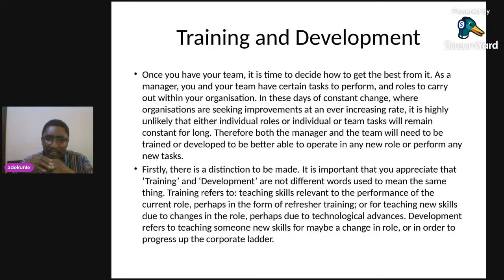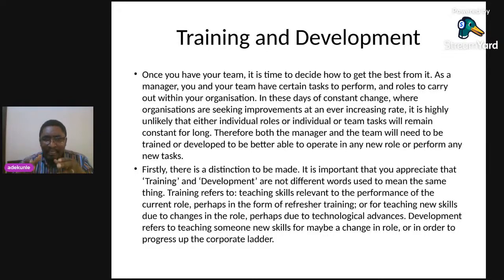These days people feel training does no good, or even does harm. But the truth is, training is key to any organization. Either you're doing an upgrade training, a refresher training, or an indoctrination training for recruits.